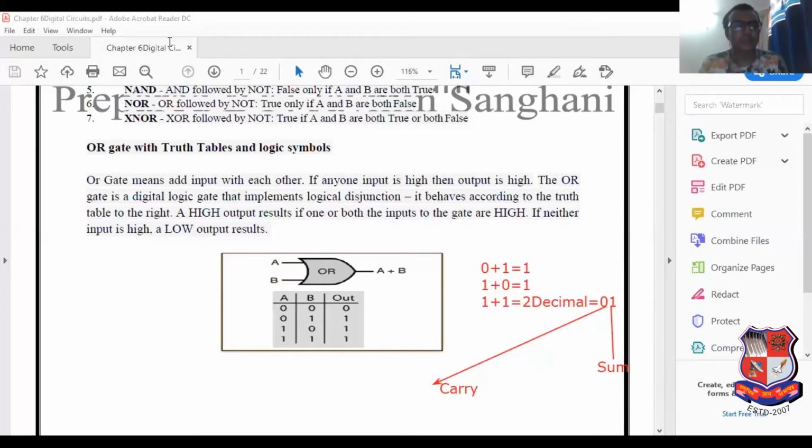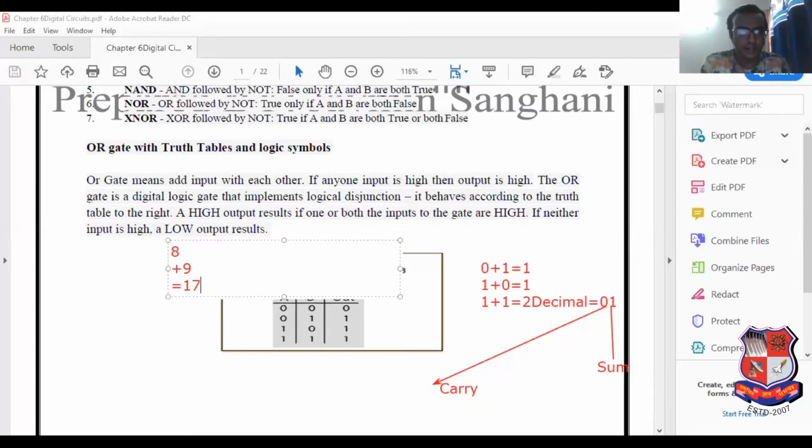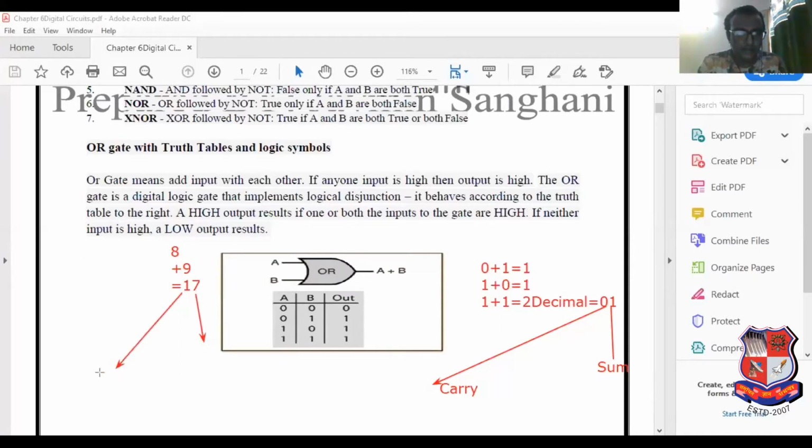Again, what is the meaning of carry? If 8 plus 9 equals 17, then in 17, the 7 is the regular number, and the 1 is known as carry, which is forwarded to the next term.